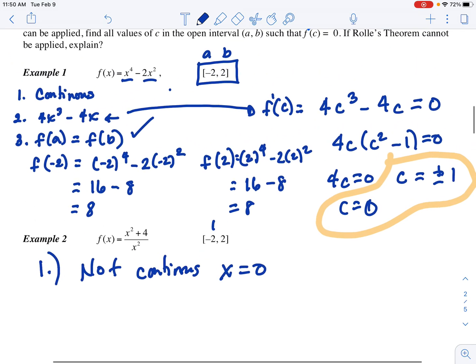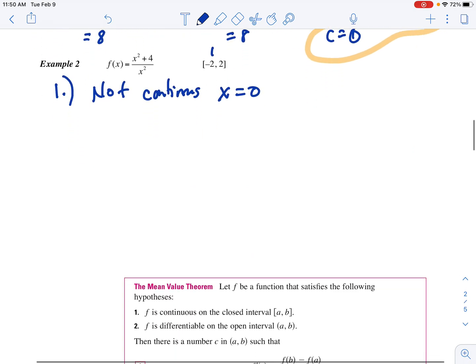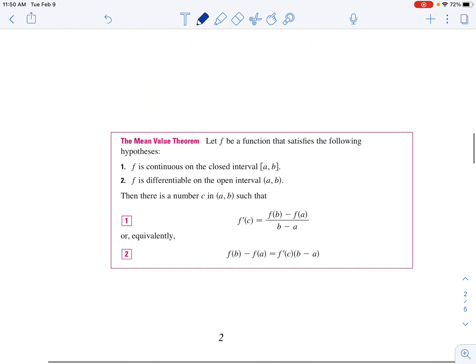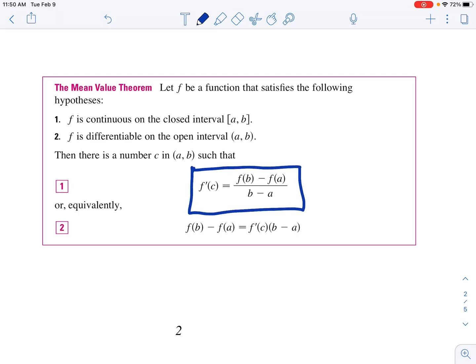Okay, any questions on those? All right. Okay, mean value theorem. A lot of times we're trying to find that C, and again, I will post it on there so that you can see the steps.